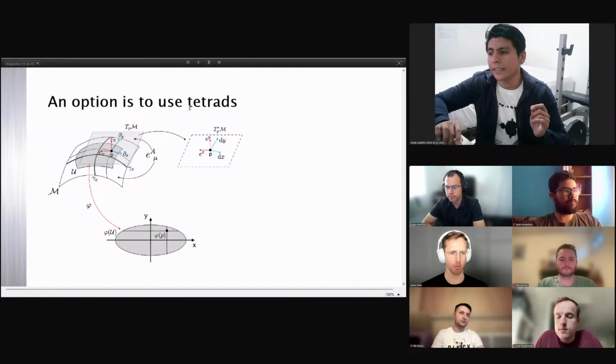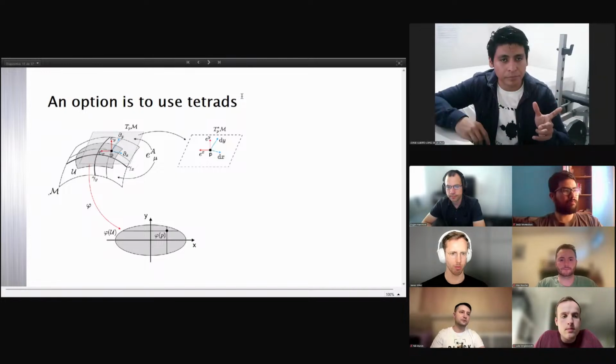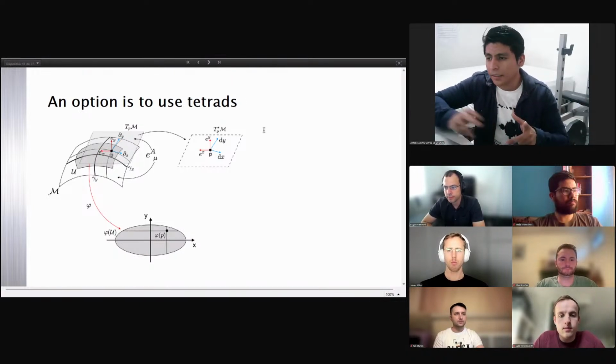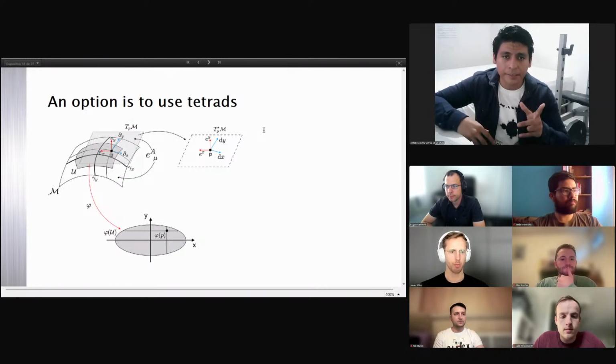The tetrad is an orthonormal frame that forms a basis for the tangent space at every point in our manifold, whatever that means. The important thing is that having orthonormal frames simplifies the calculus a lot.